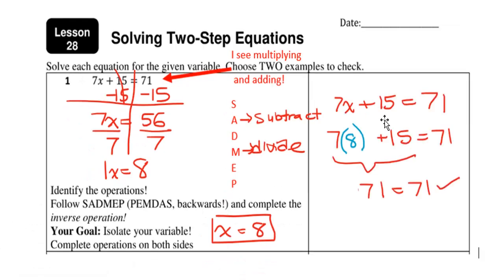All right, and when shown correctly, so rewrite, I rewrote the whole original equation. Replace, instead of my variable x, I substituted in and evaluated with my answer 8. I plugged this whole side of my equation, 7 times 8 plus 15, in my calculator, and I got 71. And so I can put a check there because I know these two sides are equivalent.